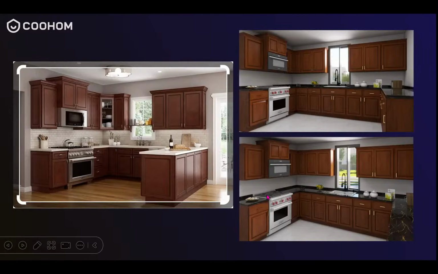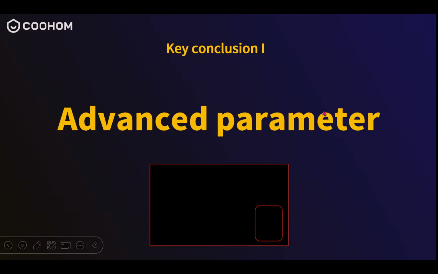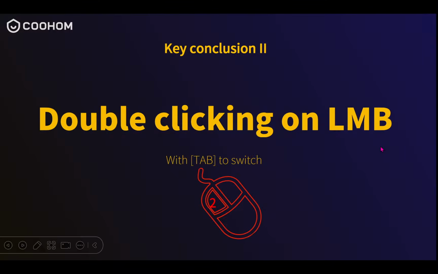Okay, and the conclusion. First, check the advanced parameter. Every time you want to change some of the status of the cabinet, check the advanced parameter. Second, double clicking the left mouse button.